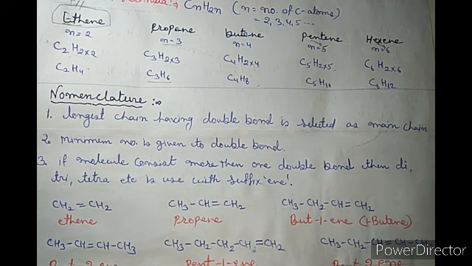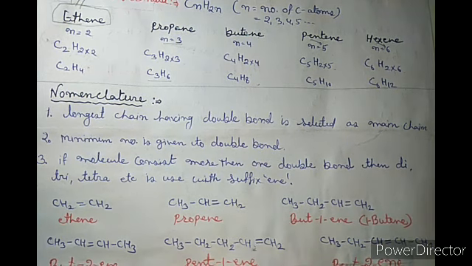Third rule: if the molecule has more than one double bond, then di, tri, tetra, penta, hexa, etc. are used to denote their numbers, with the suffix "-ene", like diene, triene, tetraene.